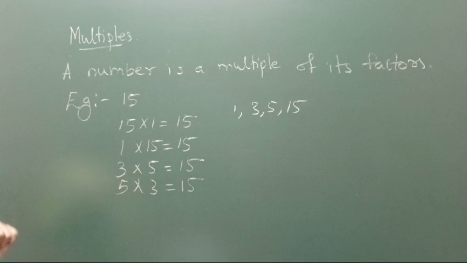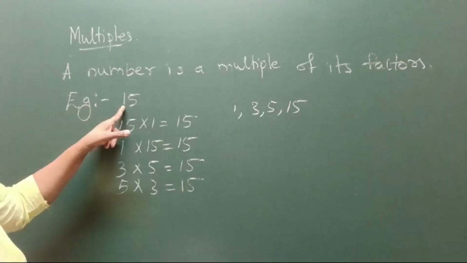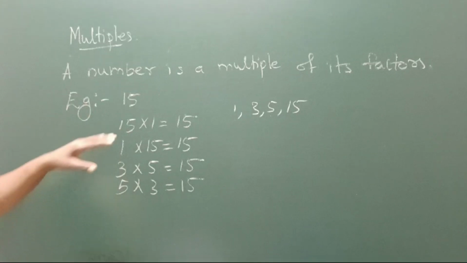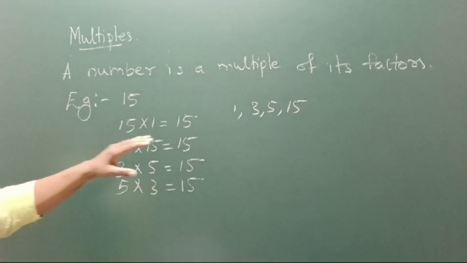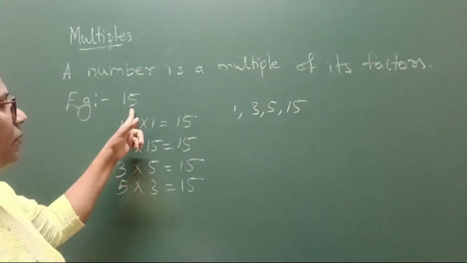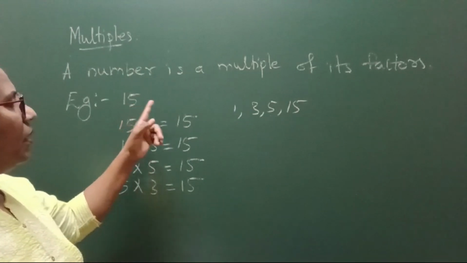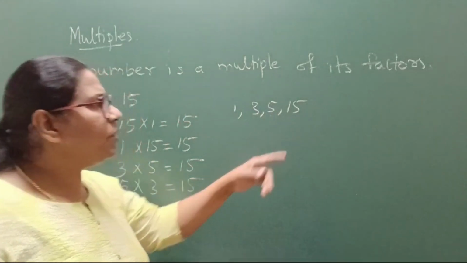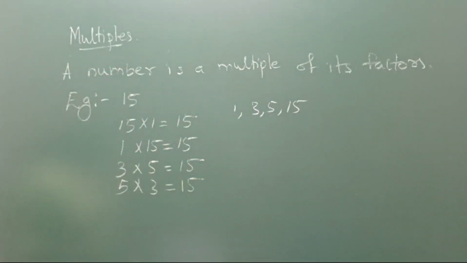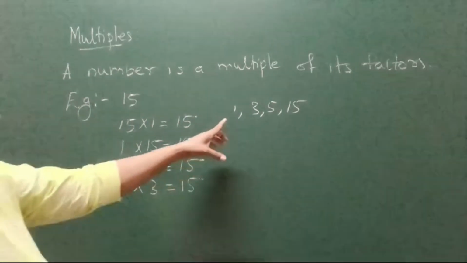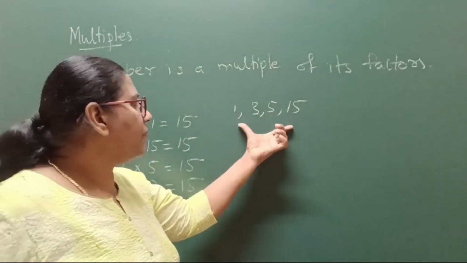So 15 is a multiple of the factors. 15 is a multiple of 1, 3, 5 and 15. These are the factors.